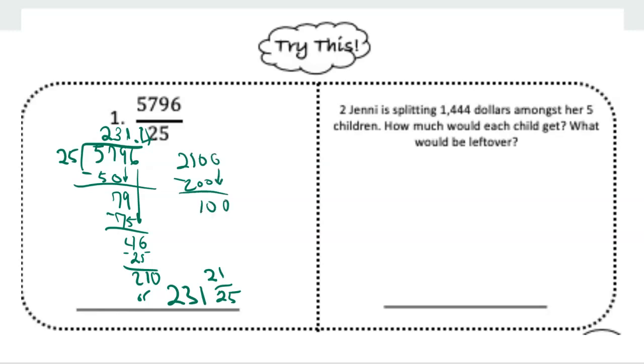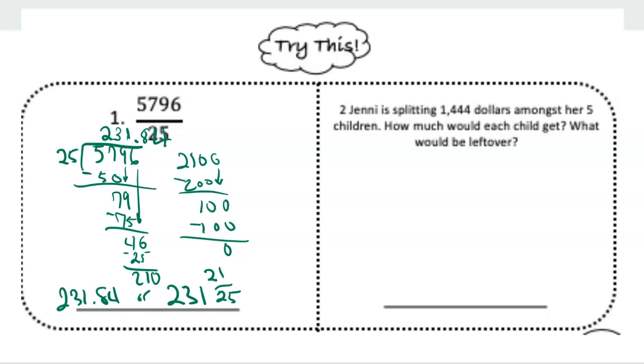It goes into 25 4 times again. It's 8. My remainder is 0. So I could divide it out and also get 231.84. Remember we said that we could either keep dividing or we could write our answer as a mixed number. Unless they tell you otherwise, both are acceptable answers.